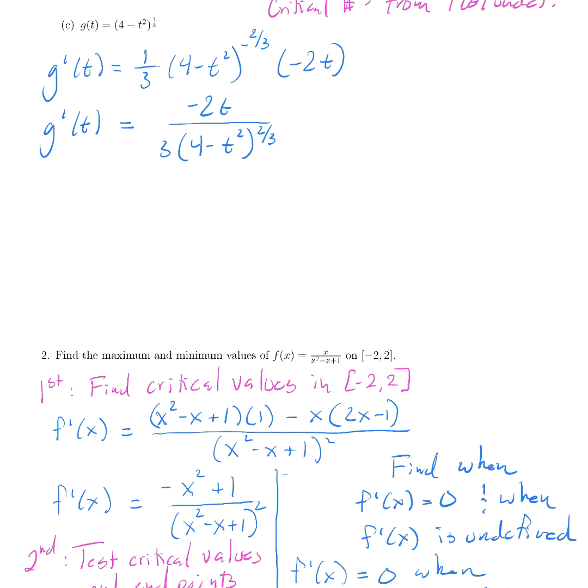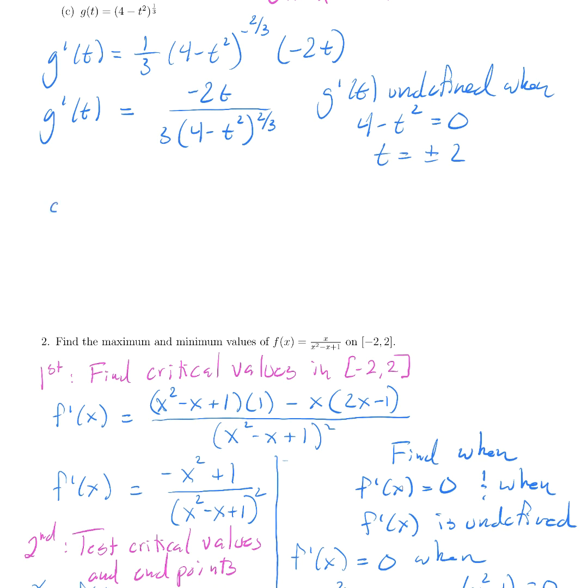When is g prime going to be undefined? Well, g prime is going to be undefined when you get a 0 in the denominator. And the only way that could happen is if 4 minus t squared is equal to 0. So g prime of t is undefined when 4 minus t squared is equal to 0. And that's going to happen when t is plus or minus 2.